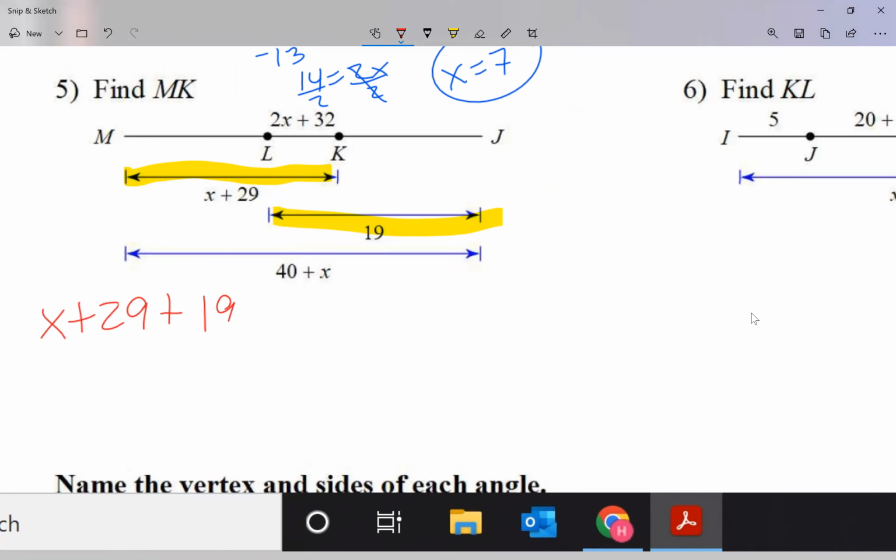I added the two segments, minus, I'm going to subtract the overlapping. I notice they overlap this much, which is LK. So I'm going to say minus, inside parentheses, let me have 2x plus 32. This is equal to the whole segment.